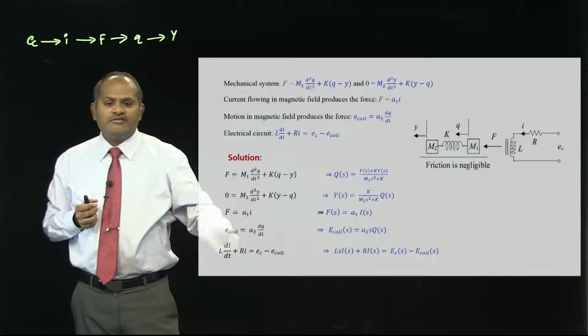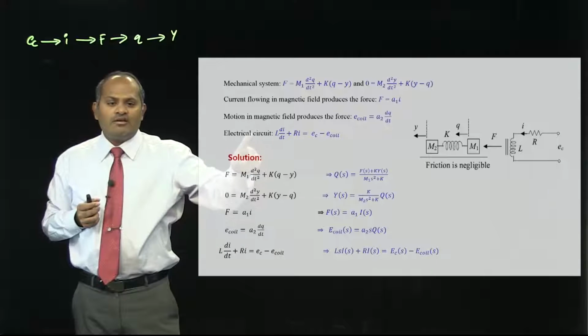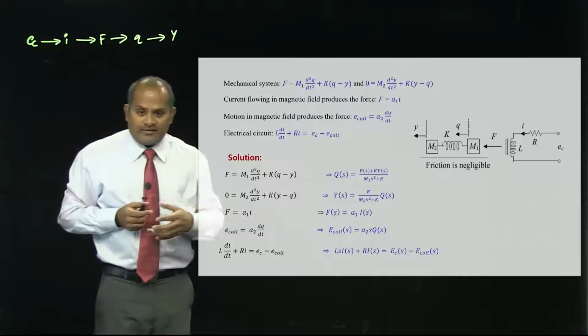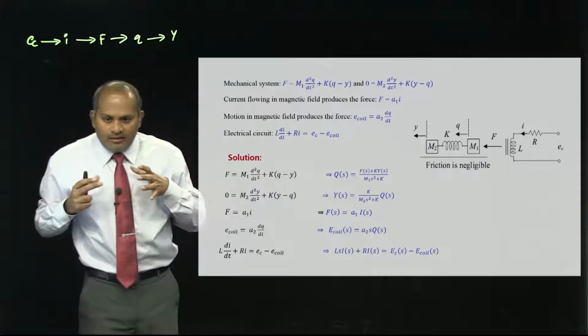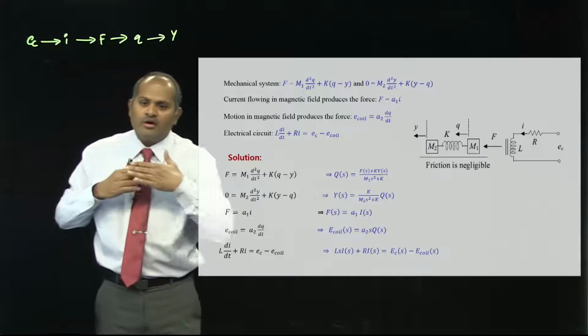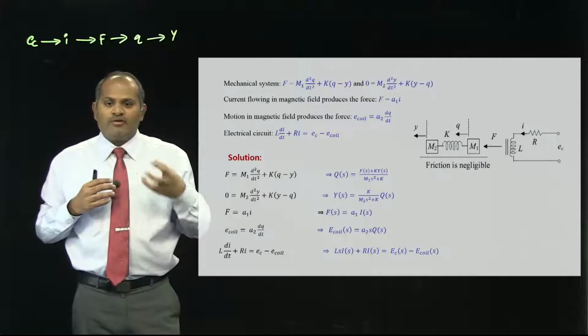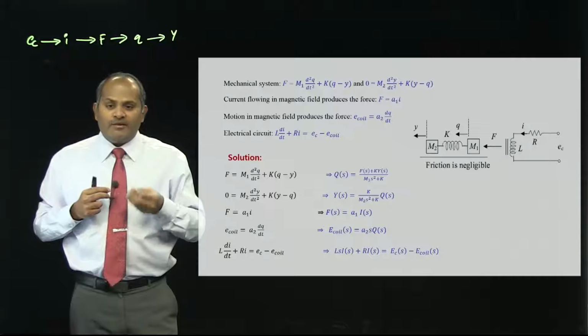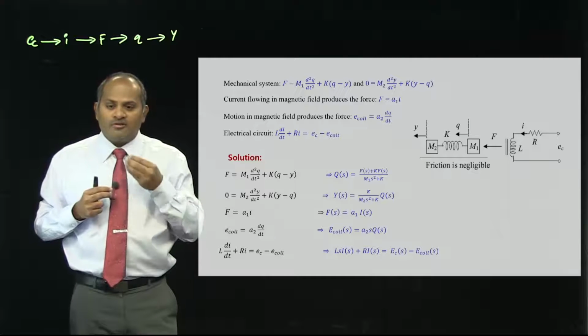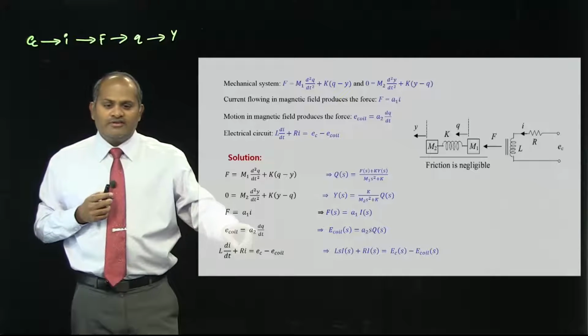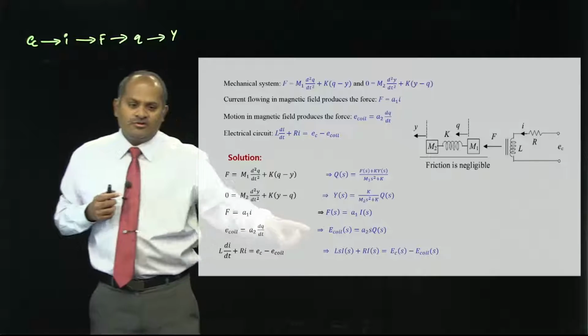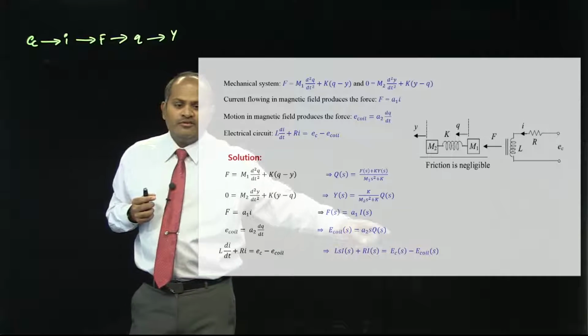Next, the last one given is E coil. E coil is like a feedback. In every electrical system, when you have two coils, because of the induction, there is a feedback voltage, that is called back EMF, back electromotive force, which is always produced. So, the E coil is given as A2 dq by dt. So, E coil will be A2 into s into Q of s.